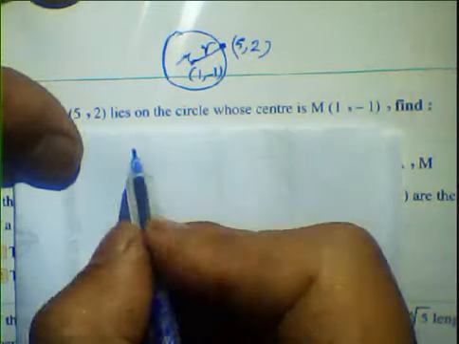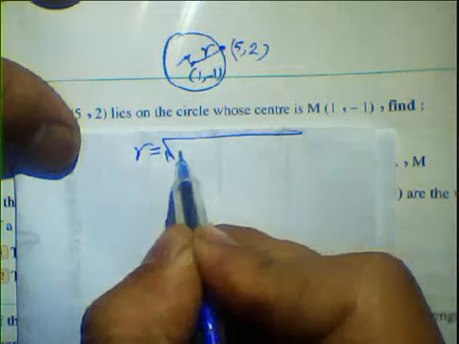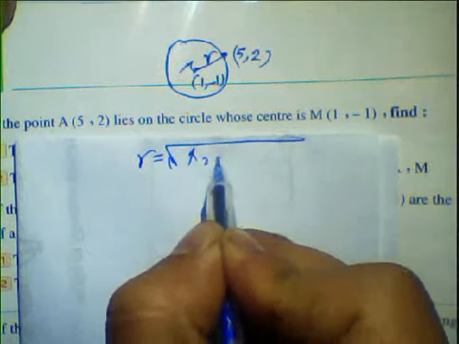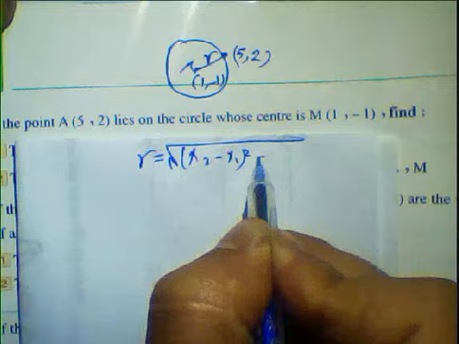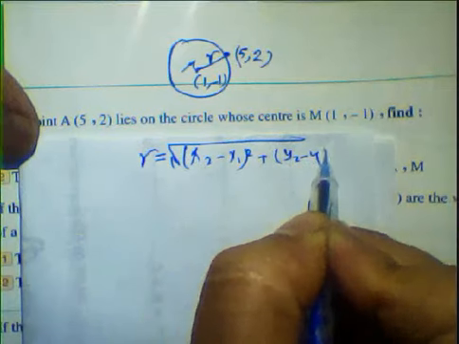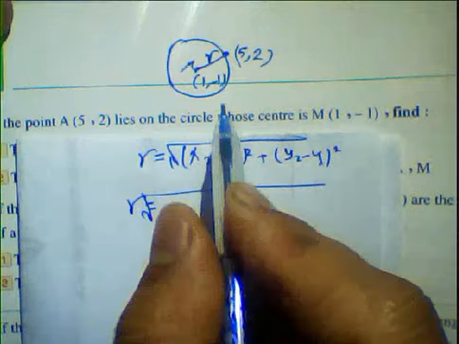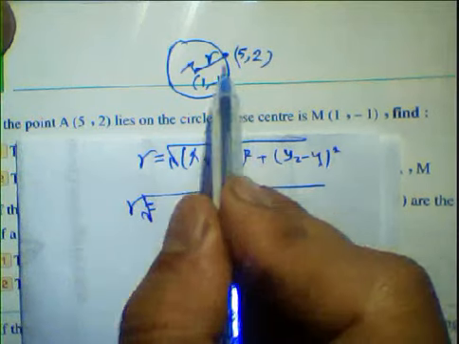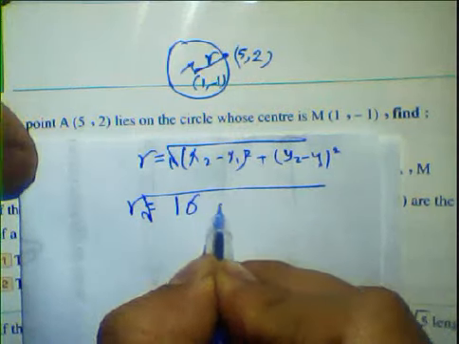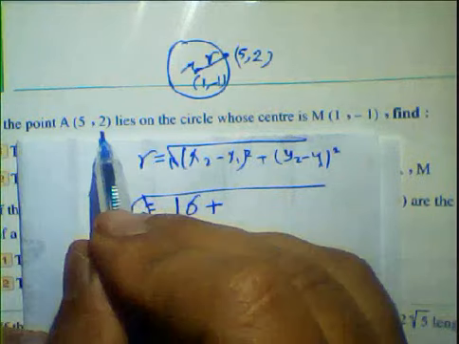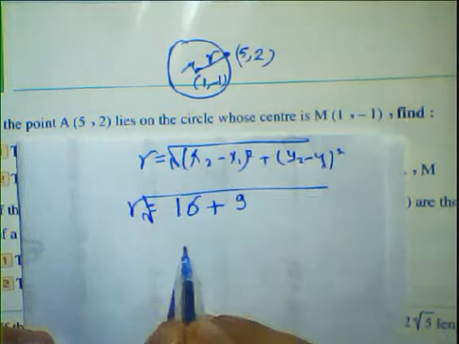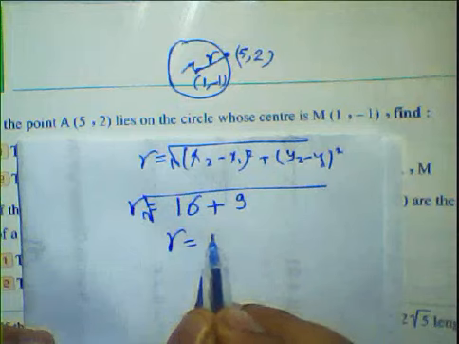The radius equals the square root of (x2 minus x1) power 2 plus (y2 minus y1) power 2. So the radius will be: 5 minus 1 equals 4, 4 power 2 equals 16, negative 1 minus 2 equals negative 3, power 2 equals 9. The result will be 25.